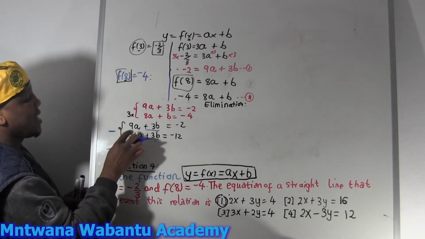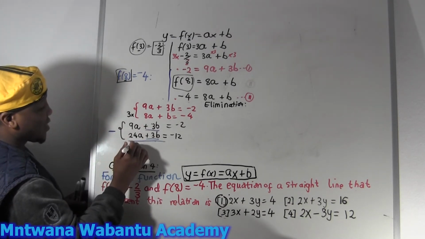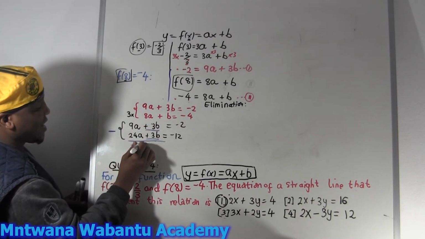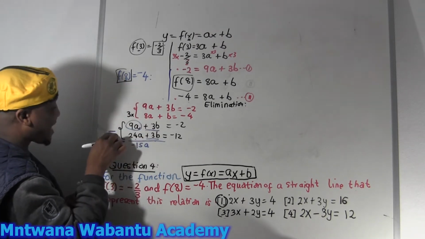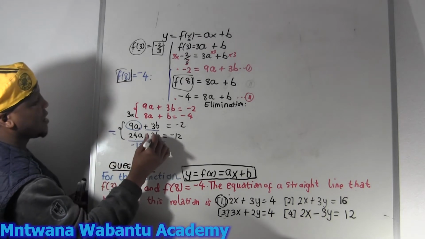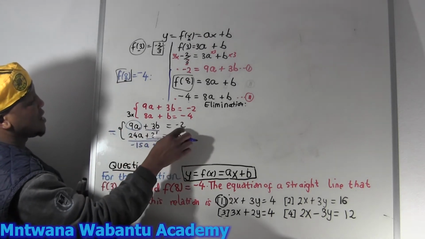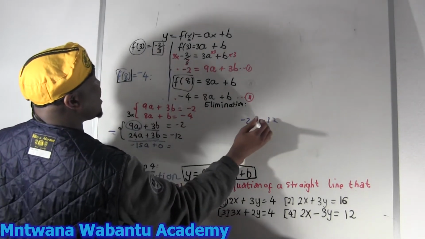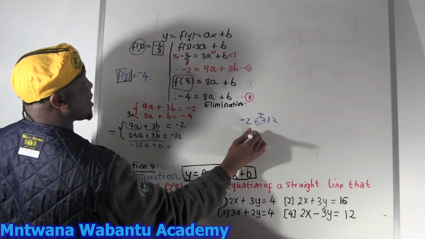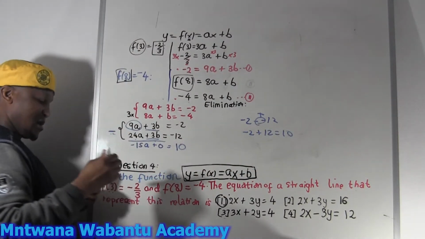So 9a minus 24a is going to give us -15a, you subtract top minus bottom. 3b minus 3b is 0. Then -2 minus -12: negative times negative is positive, so -2 plus 12 equals 10.